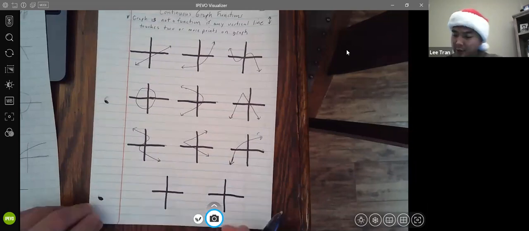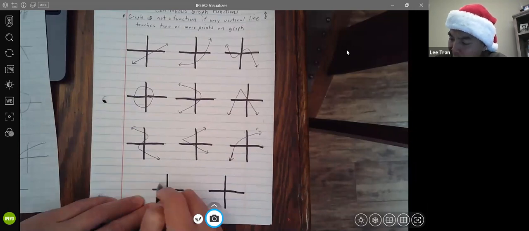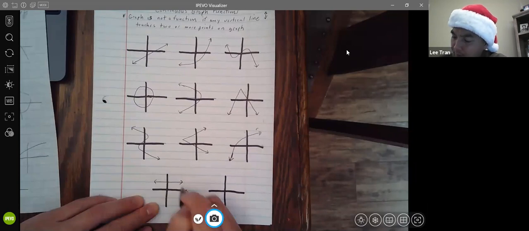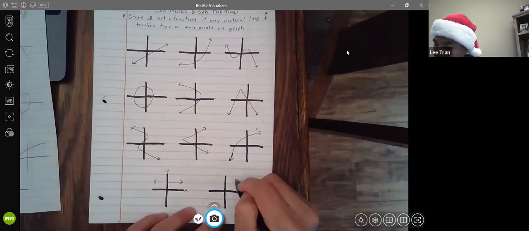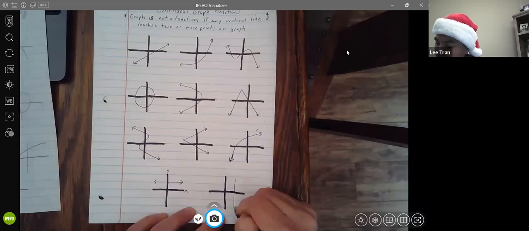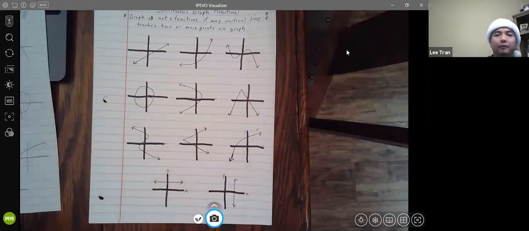Okay, and then the last two, the first one will be a horizontal line. There's your X, there's your Y. And then this one will be a vertical line. There's your X, there's your Y. Okay, vertical line. I'll give you a minute to catch up.